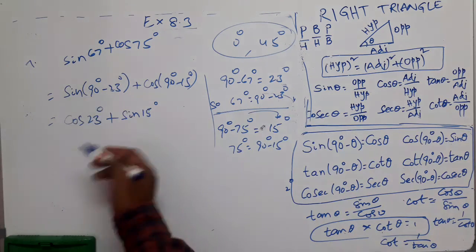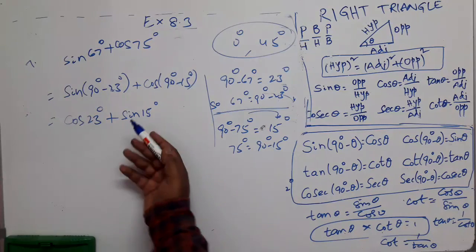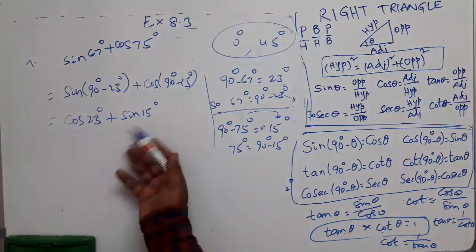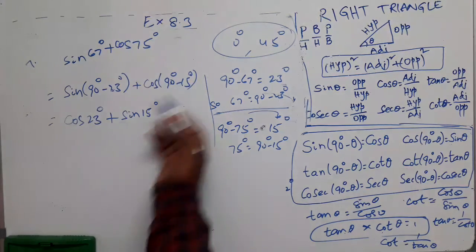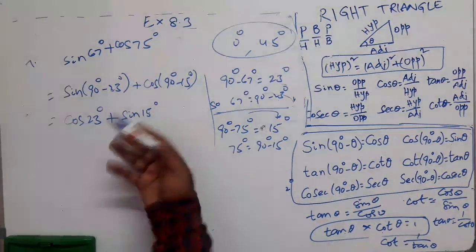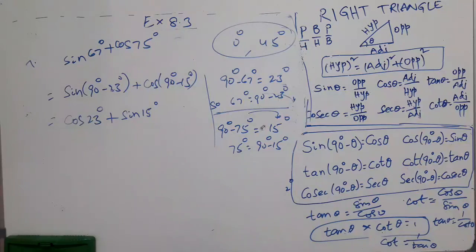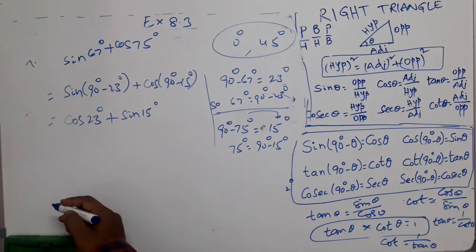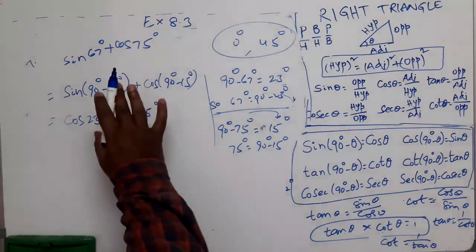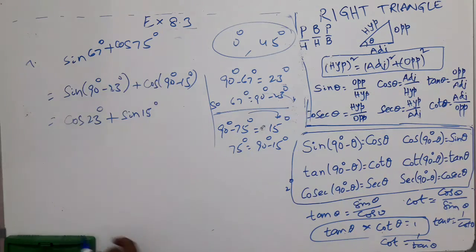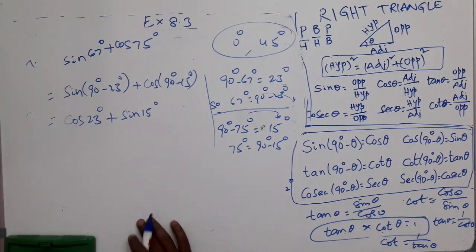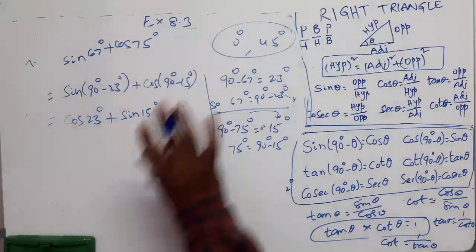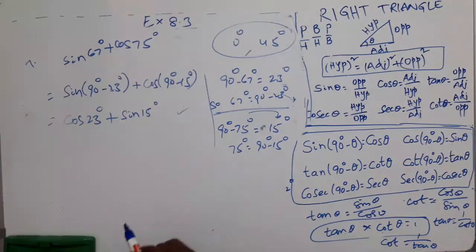Yes, these are also trigonometric ratios, but the angles are less than 45 degrees, between 0 and 45 degrees. His wish came true here, right? Now we are able to convert the given ratios in terms of trigonometric ratios containing angles between 0 degrees and 45 degrees. So this is the answer, right?